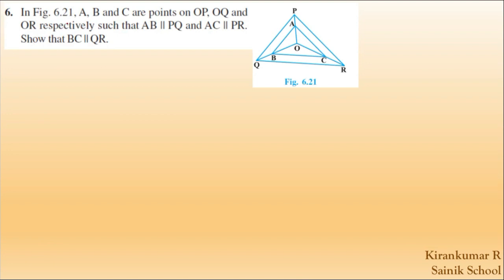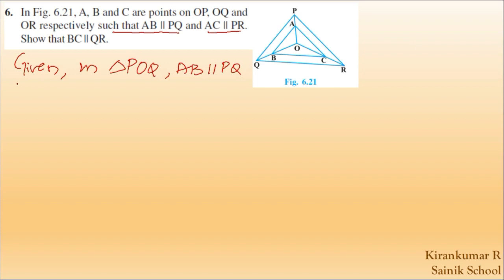Question number 6. In figure 6.21, A, B and C are the points on OP, OQ and OR respectively. AC is parallel to PR. Show that BC is parallel to QR. It is given that in triangle POQ, we have AB parallel to PQ.